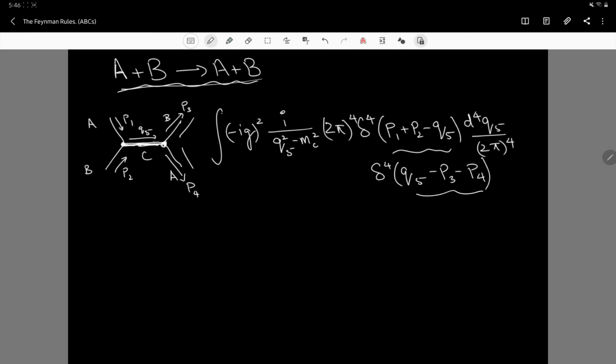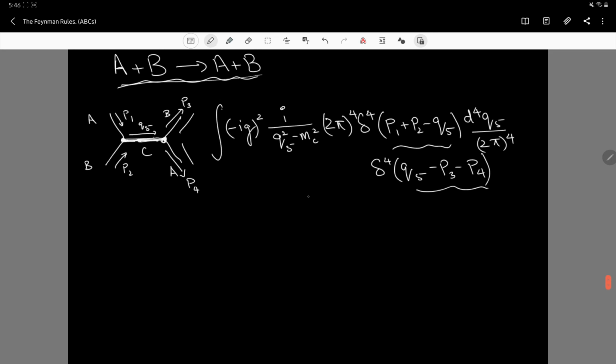So you use this one and write Q5 simply as P3 plus P4. Yeah, I made a mistake over here. Well, not a mistake, I missed this factor: we had to conserve the momentum at each vertex. So this one was for this vertex and I missed one for this vertex, and so that's this one.